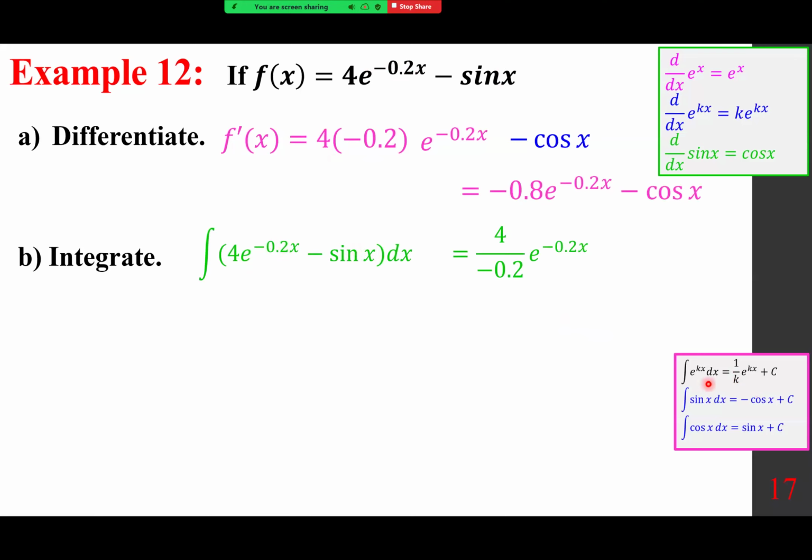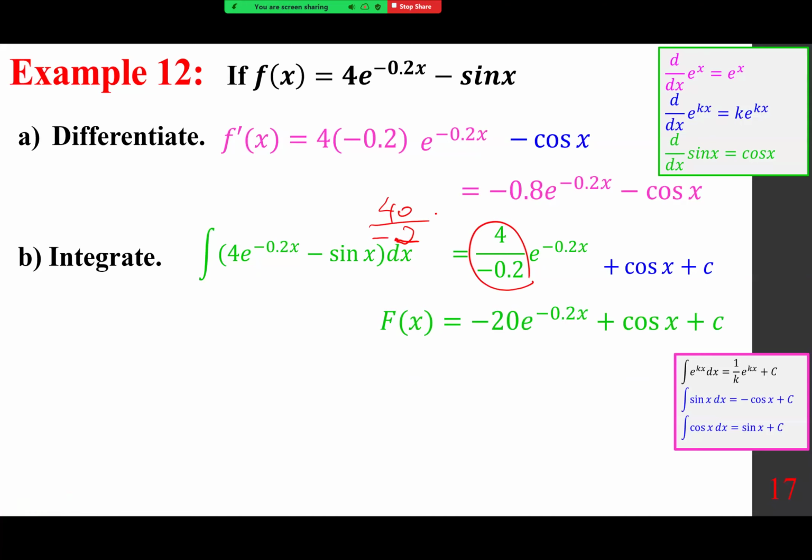With this negative it makes it positive cosine, and of course, plus a constant. Now, this is the same as 40 divided by negative 2, which makes a negative 20. And we're done.